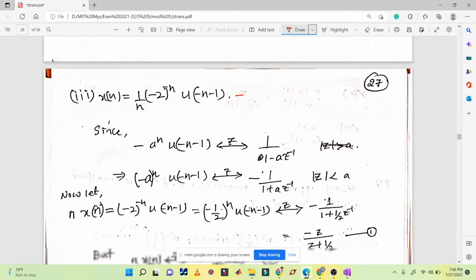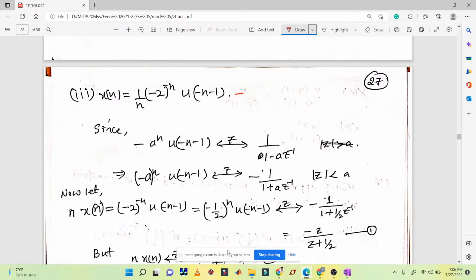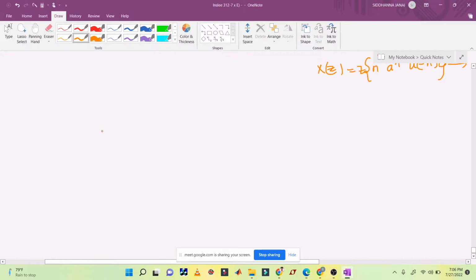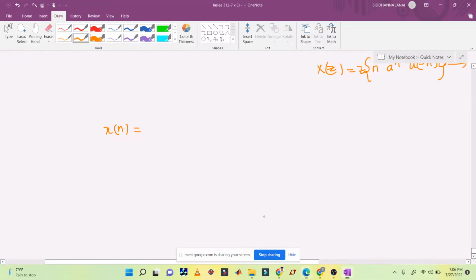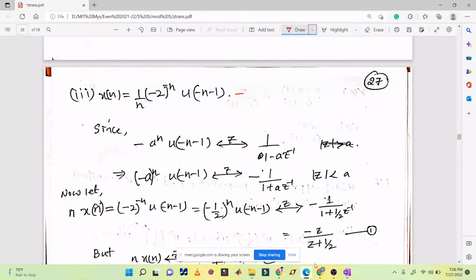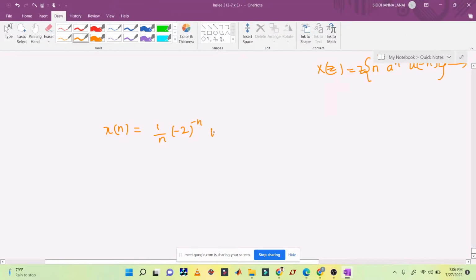Now we have to consider the next problem, which is x of n is equal to 1 by n minus 2 to the power minus n u of minus n minus 1.